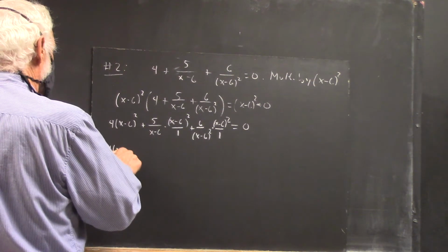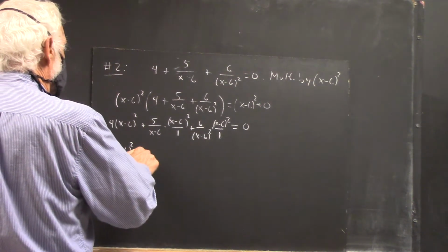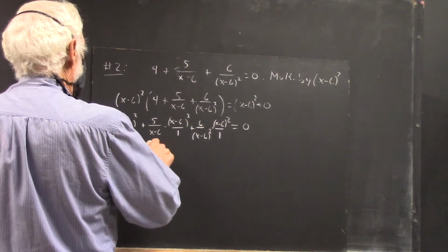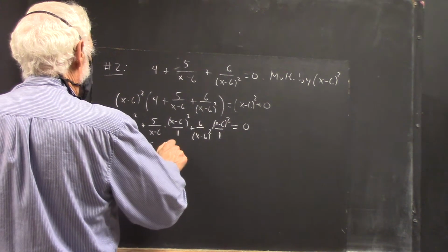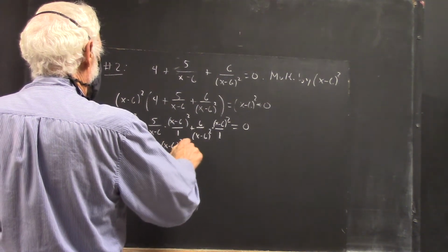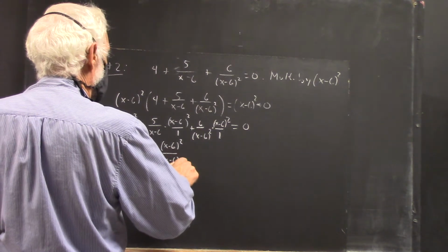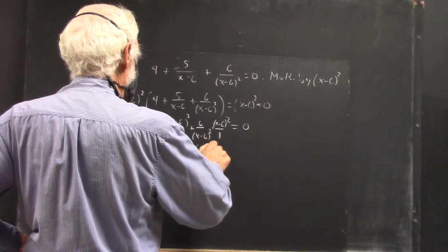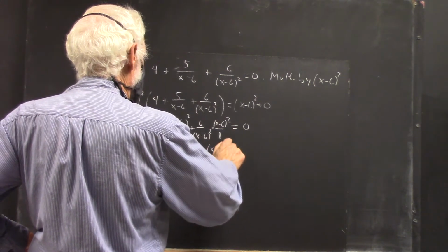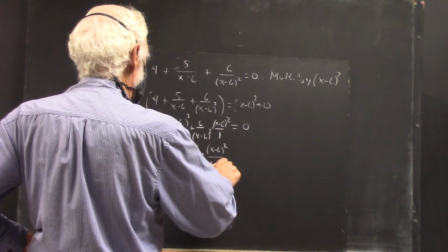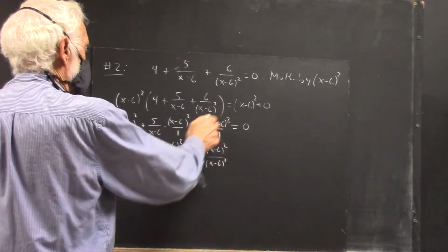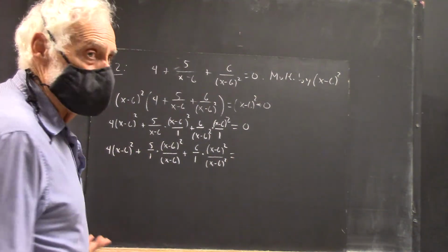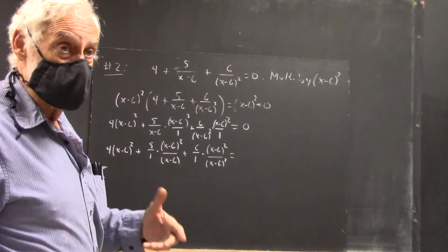So you get 4 times x minus 6 squared plus, well, this can be written as 5 over 1 times x minus 6 squared over x minus 6. And this has 6 over 1 times x minus 6 squared over x minus 6 squared, because in both cases we would get the same numerator and the same denominator.